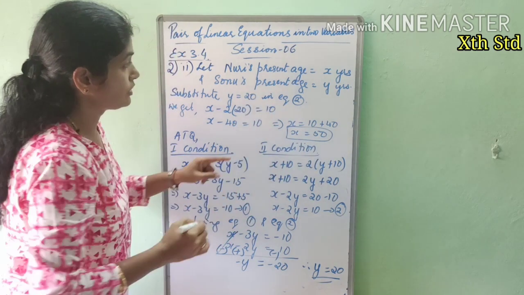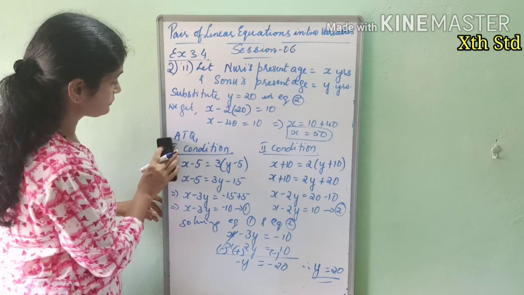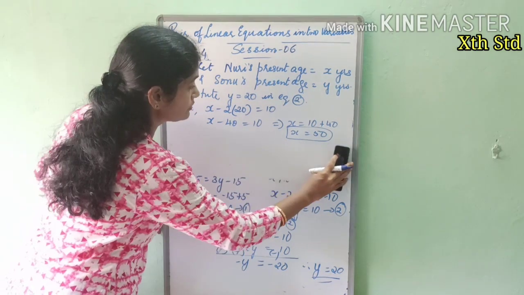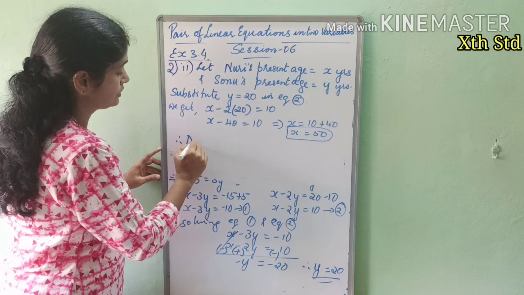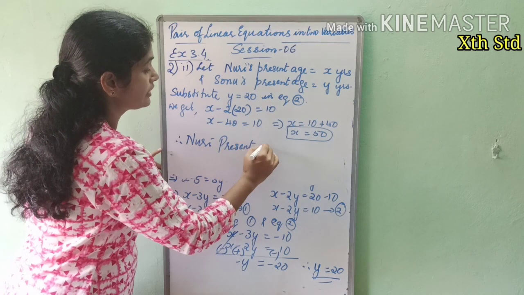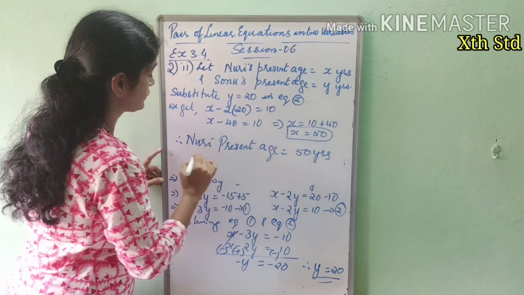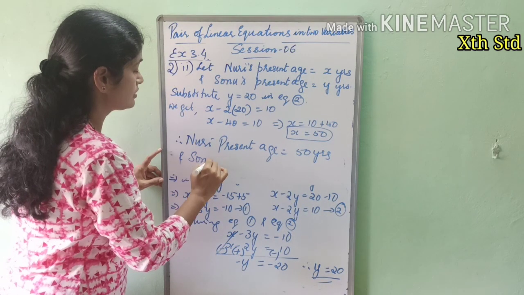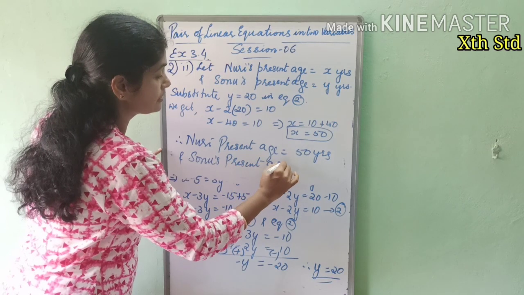X is 50. Who is that x? X is Noori's present age. Therefore, Noori's present age is 50 years and Sonu's present age is how much?